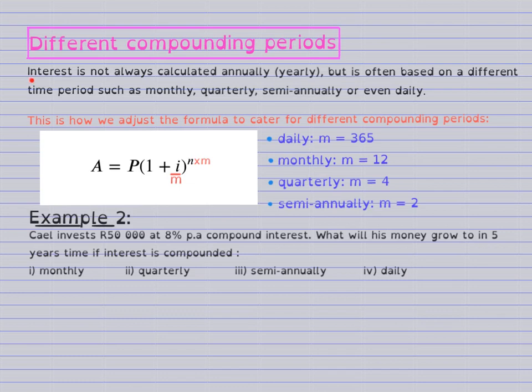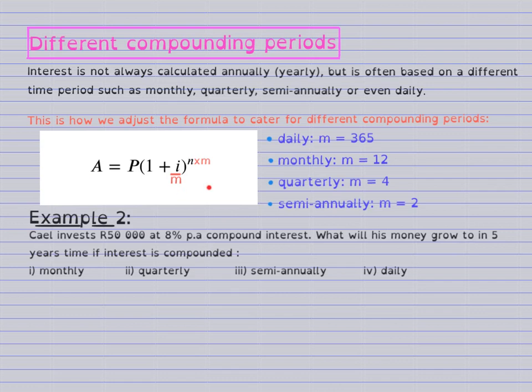So this is what we're going to explore: that interest is not always calculated annually, but is often based on different time periods, such as monthly, quarterly, semi-annually, or even daily. So here I've shown you how we adjust the compound interest formula.